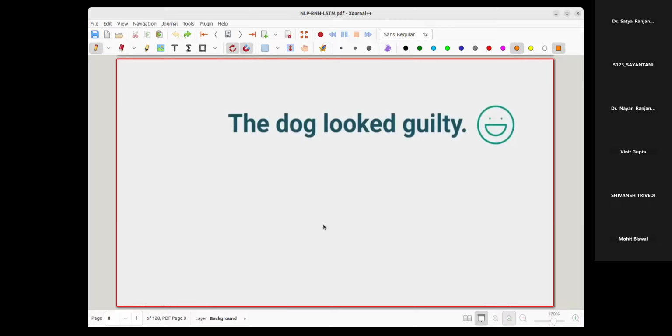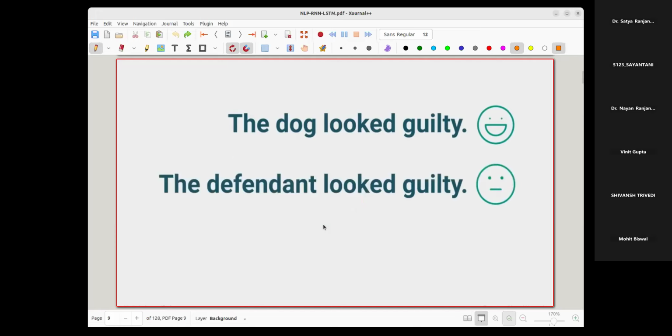Okay, let's take another example. Let's say I'm giving this sentence: the dog looked guilty. When you read the sentence and understand the meaning, it will create some kind of funny picture in your mind. Okay, and if you see another sentence, the defendant looked guilty, it is not that amusing, because a dog cannot be guilty. But defendant means some person has done something bad. So that creates another picture.